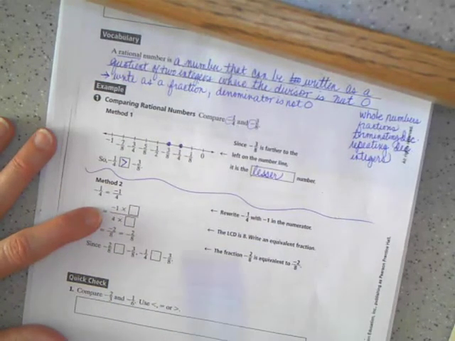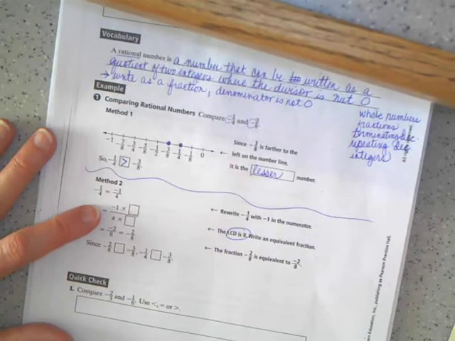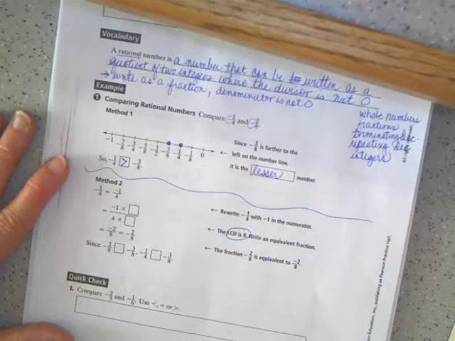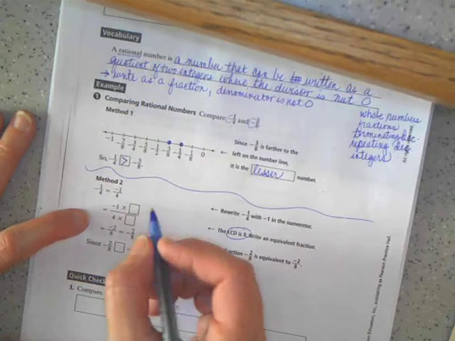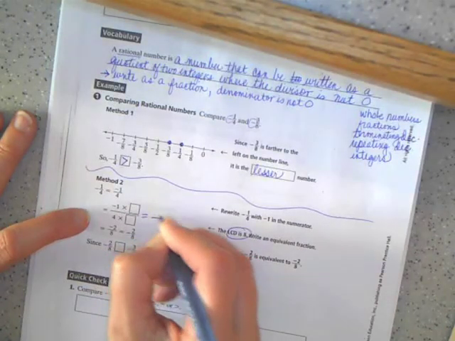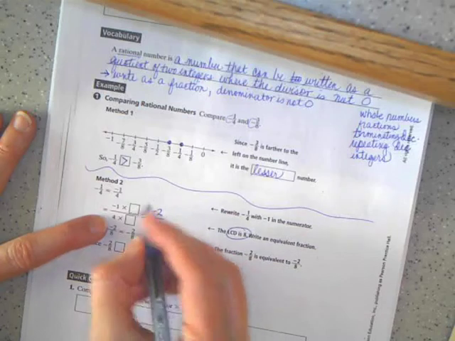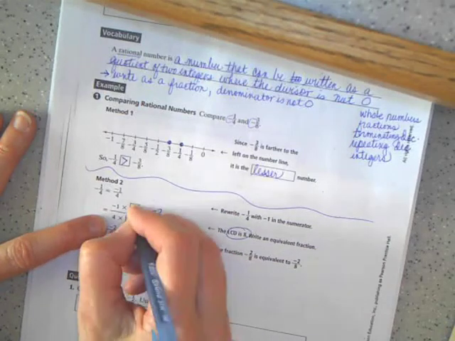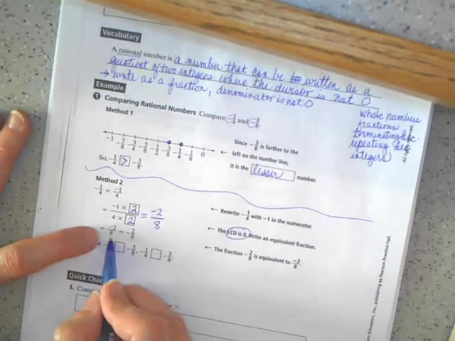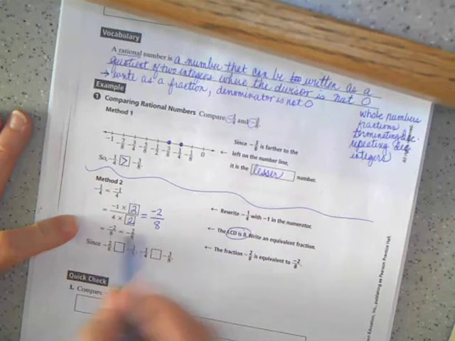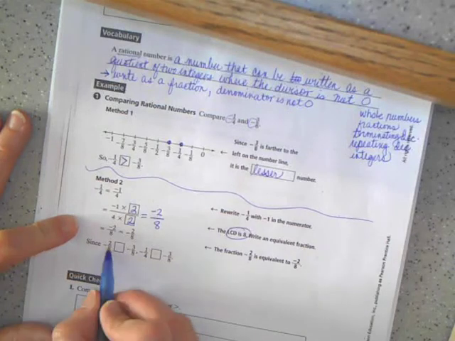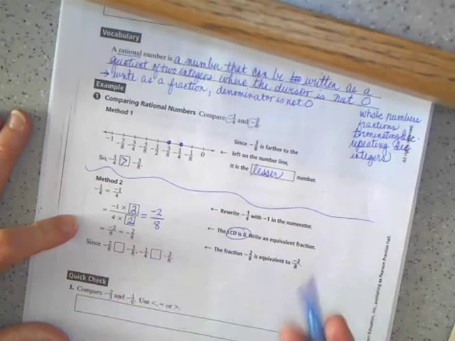All right. And for 1/4 and 3/8, the LCD is 8, so I need to write an equivalent fraction. So, and I wish they had put this here. Whoops. Well, I filled it in. 4 times 2 is 8, so 1 times negative 2 is negative 2. Okay, so then I look at my numerators.